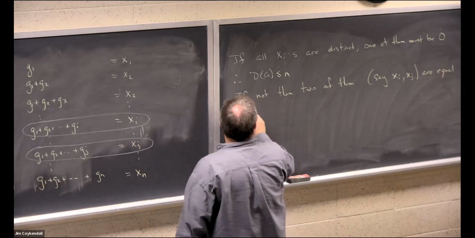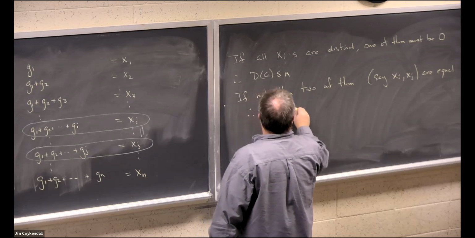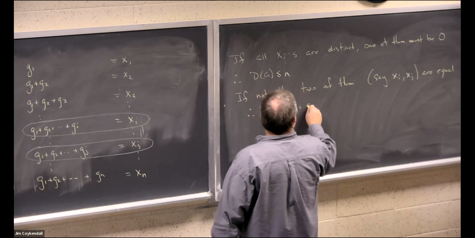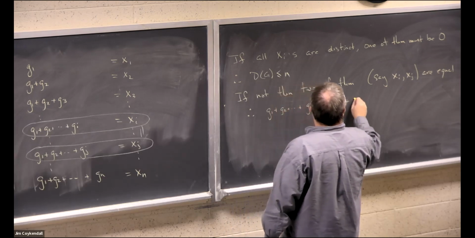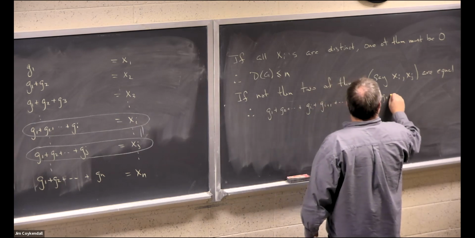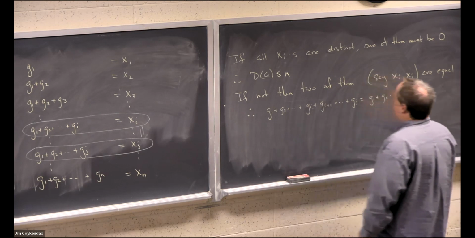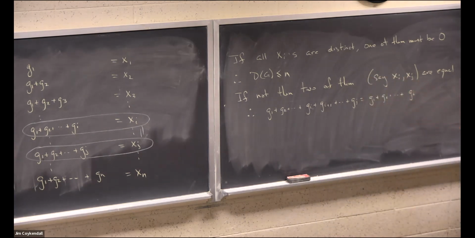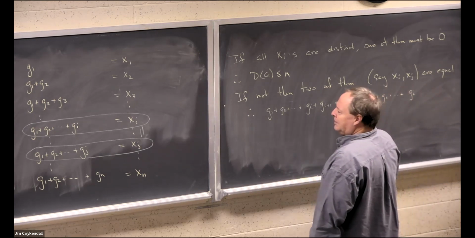Therefore g1 plus through gi is g1 plus g2 plus through gj, and j is the big one.